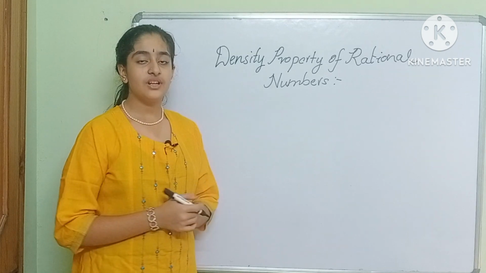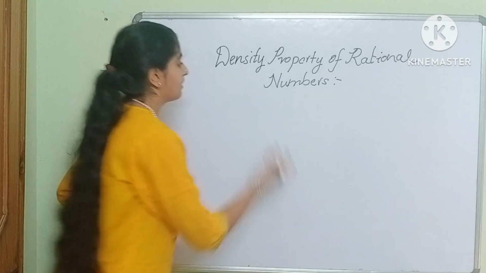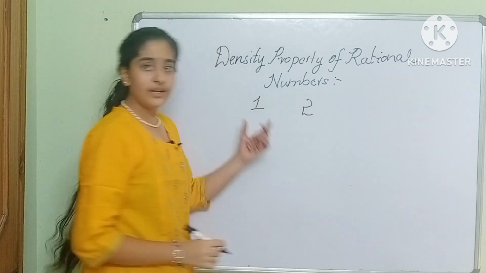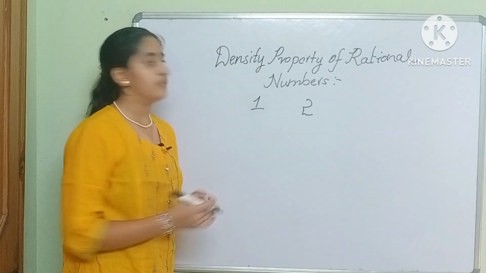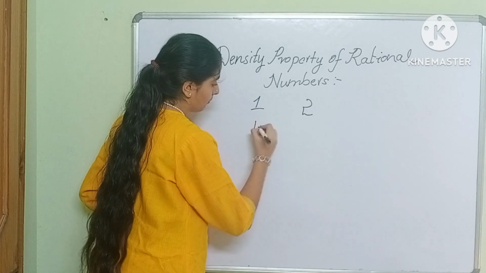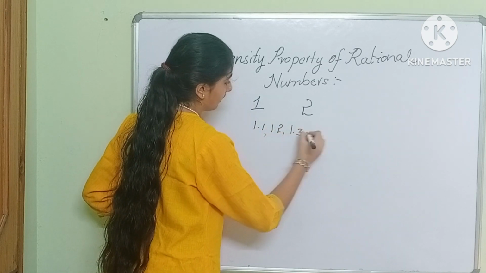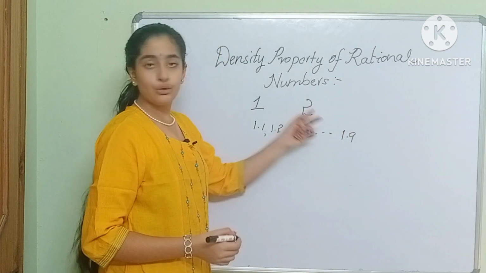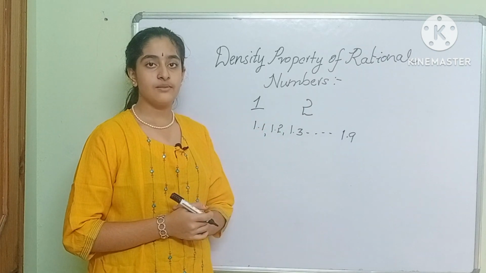Density property of rational numbers means in between any two given rational numbers, like let us take 1 and 2, there are infinitely many rational numbers like 1.1, 1.2, 1.3 till 1.9. After 1.9, 2 will be coming. So this is called the density property of rational numbers.